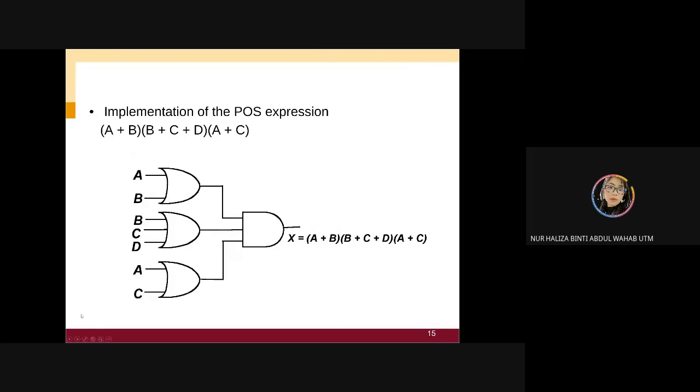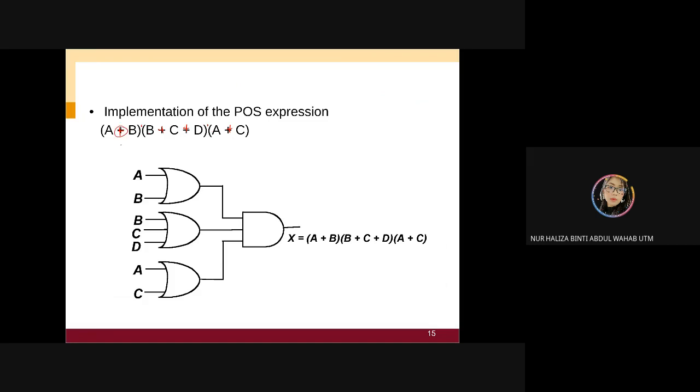Now, you can see the implementation of a POS expression. This is your POS. You have additions, and you're going to multiply them together.